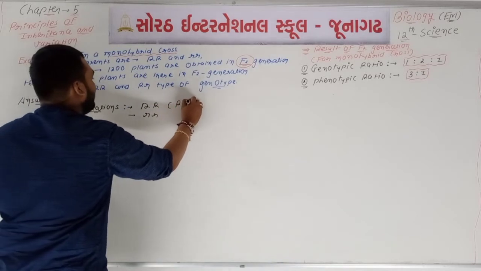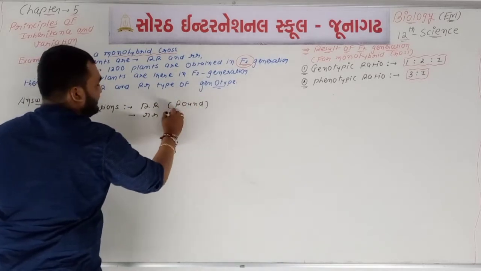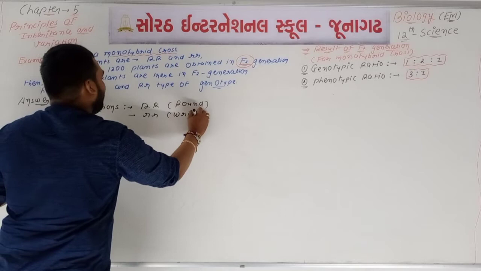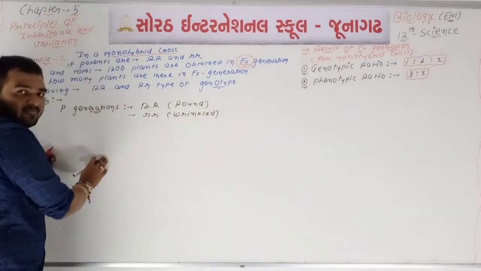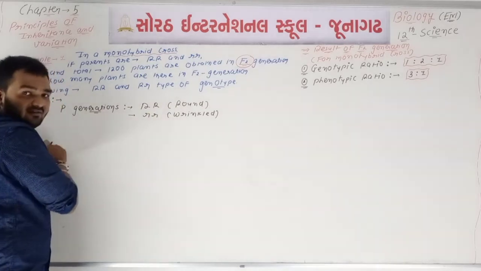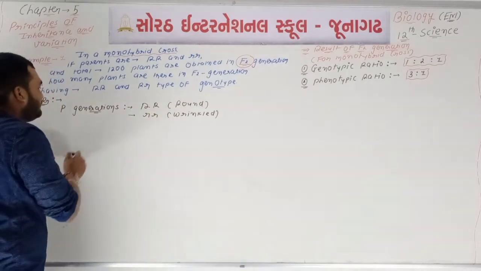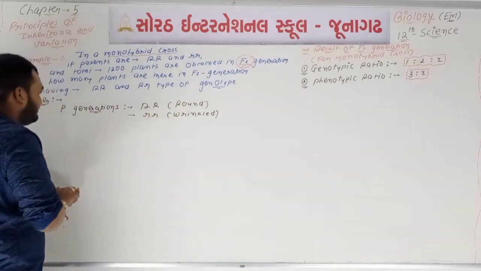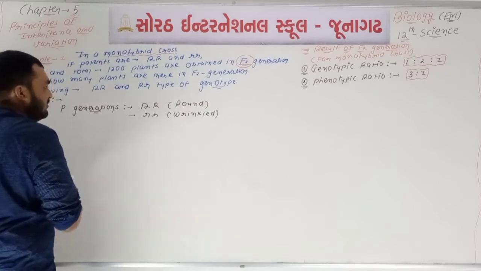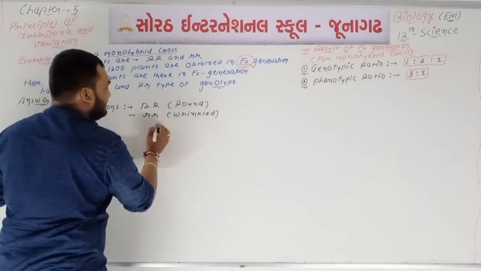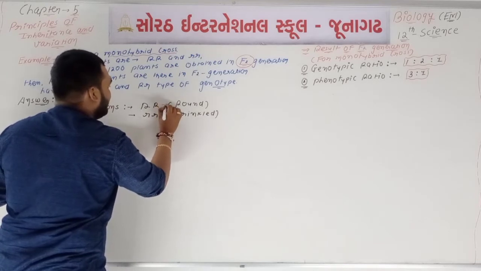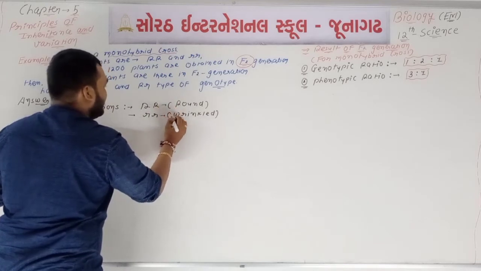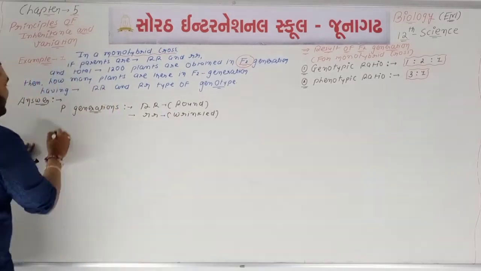Capital R is equal to round, and small r is equal to wrinkled. In the parents only genotypes are given, and from the genotype we can get the phenotype. So you will first write this as the P generation: capital R means round, and small r is equal to wrinkled.